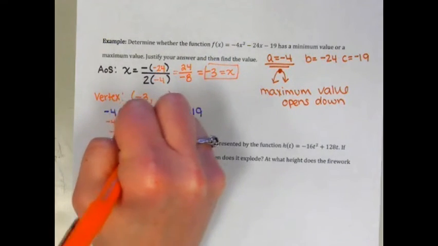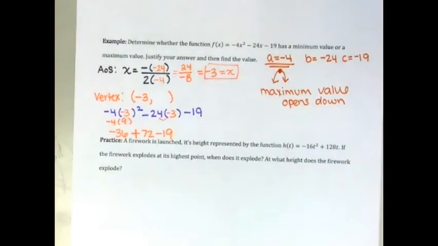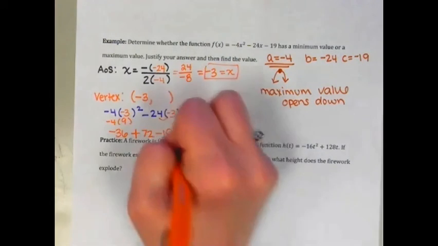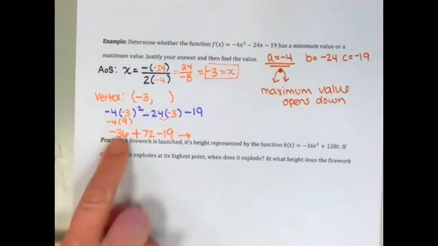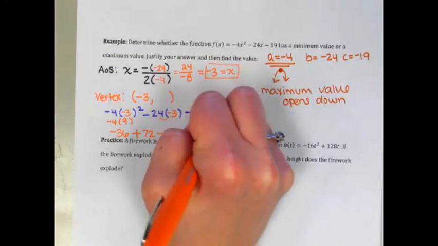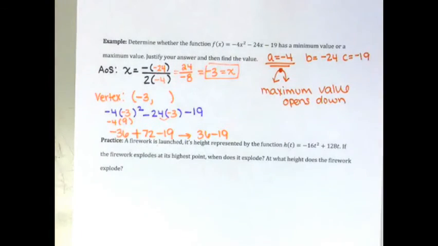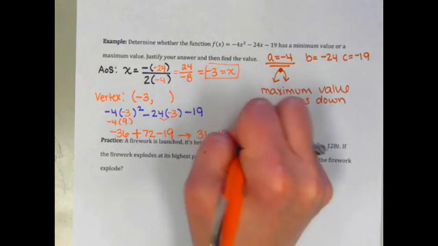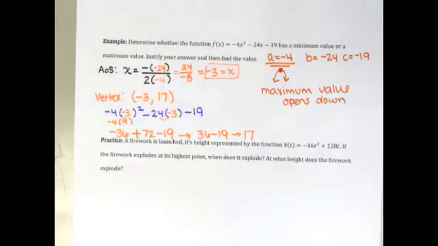72, minus 19. What's -36 plus 72? 36. And 36 minus 19? 17. So we know our y is 17. So guess what?